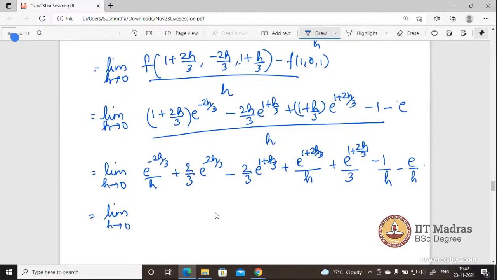I think I have missed out something. Okay, let's try. Is this clear? I'm just splitting it into two terms: e power 1 into e power h by 3.